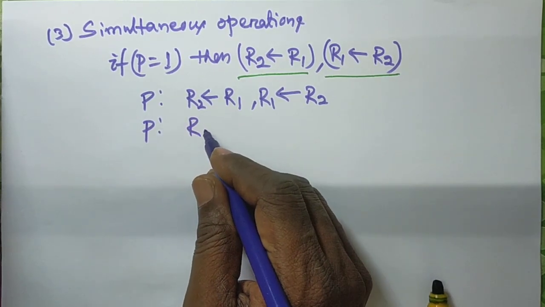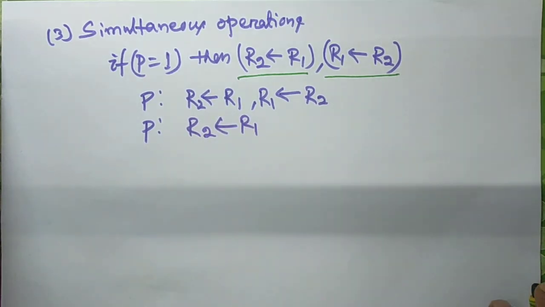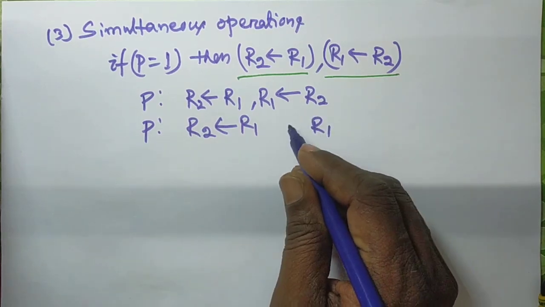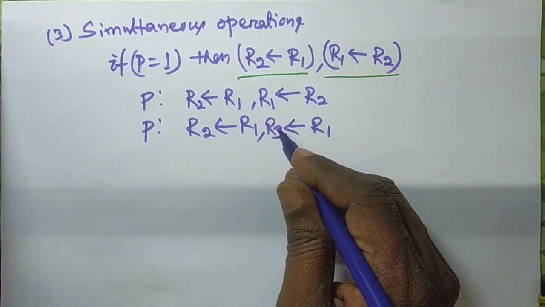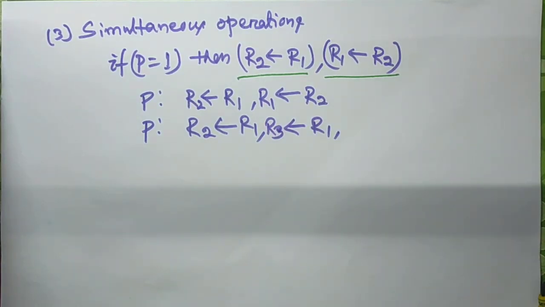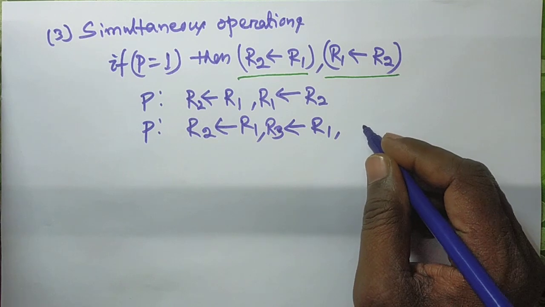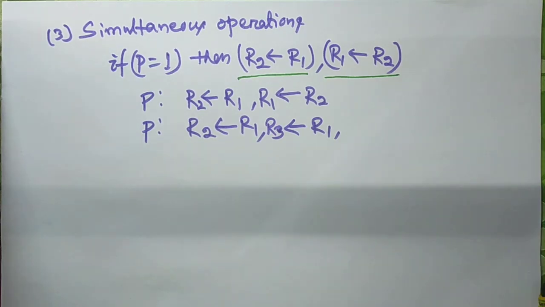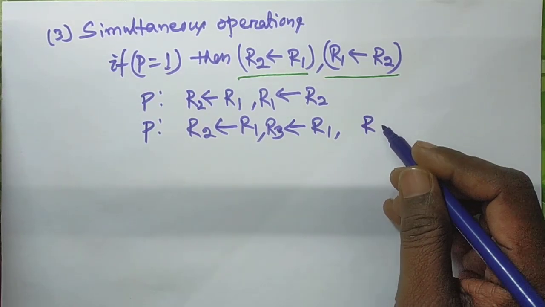Now we can also define other ways, as you choose. Suppose P: R1 to R2, and another is the content of R1 to R3, and R3 to R1.